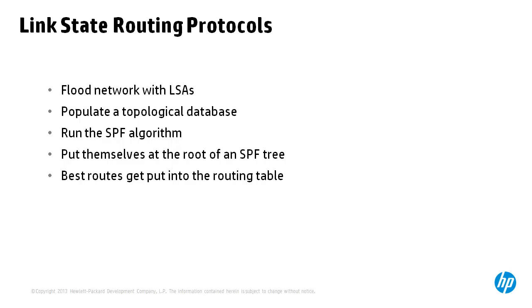They essentially determine the best route for themselves by running the SPF algorithm against the topological database, and then they put the best routes into the routing table. Examples, once again, of link state routing protocols include OSPF, or Open Shortest Path First, and IS-IS, or Intermediate System to Intermediate System.